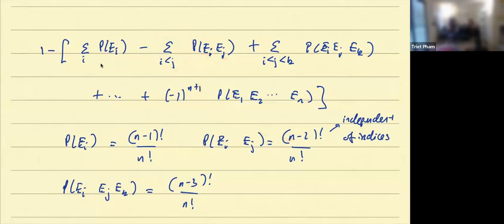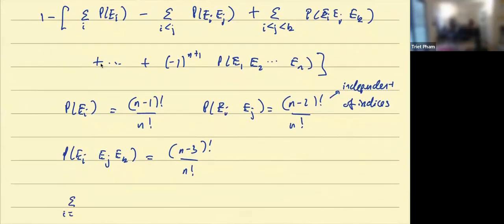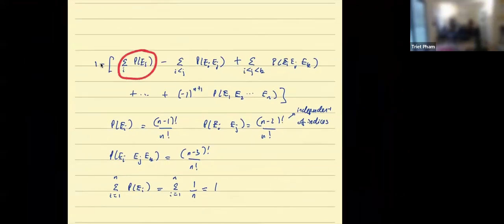Basically, you sum over the same term, so this becomes a product of the number of terms in the sum. For example, the sum over i from 1 to n of P(E_i) is the sum of 1 over n, and that's going to be 1.